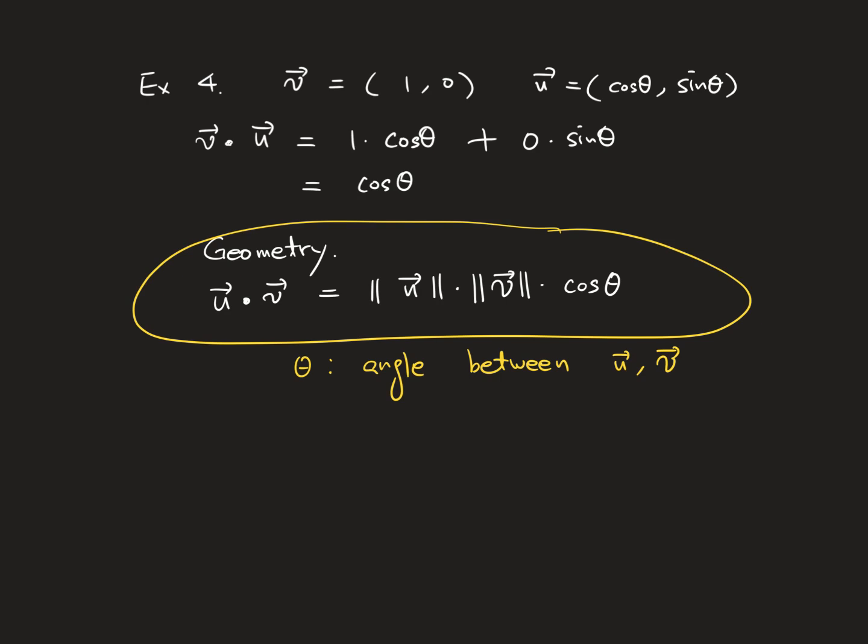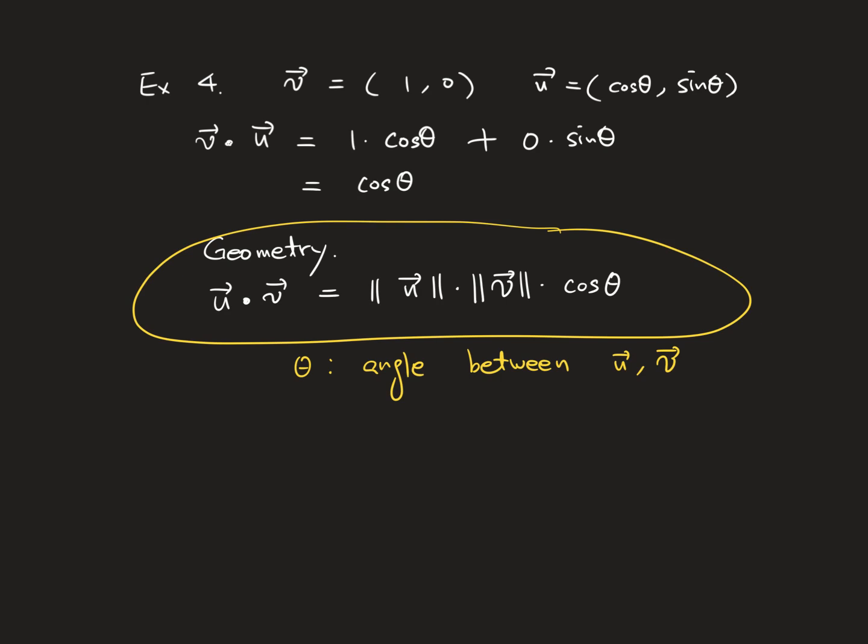So in deep learning or machine learning, you can see sometimes they say we're going to use the cosine similarity, because u vector and v vector could be embedded vectors or just feature vectors or whatever.